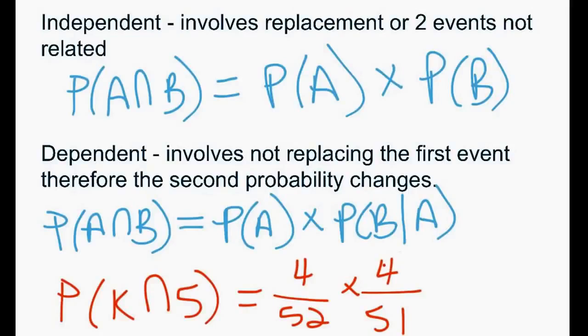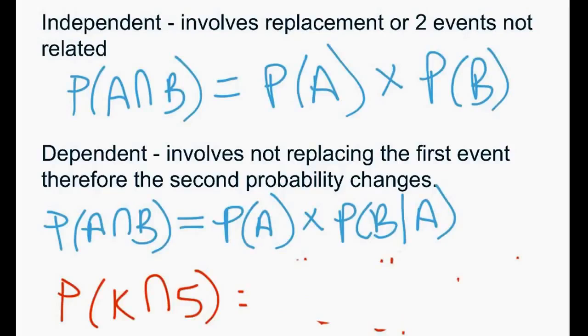Okay, what would it be if I said, what's the chances you got a king or a 5 in any order? So because it's any order, we can kind of think of it like we did the last unit. Right? We could do the king and the 5, or we could do the 5 and the king, so we'd have to times it by 2 or 2 factorial. Or the other way of thinking about it is you'd have a king and a 5, and then a king and 5 again.